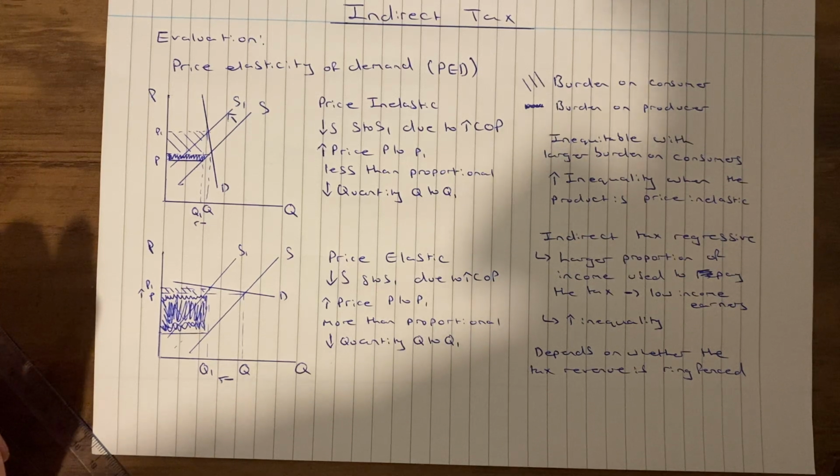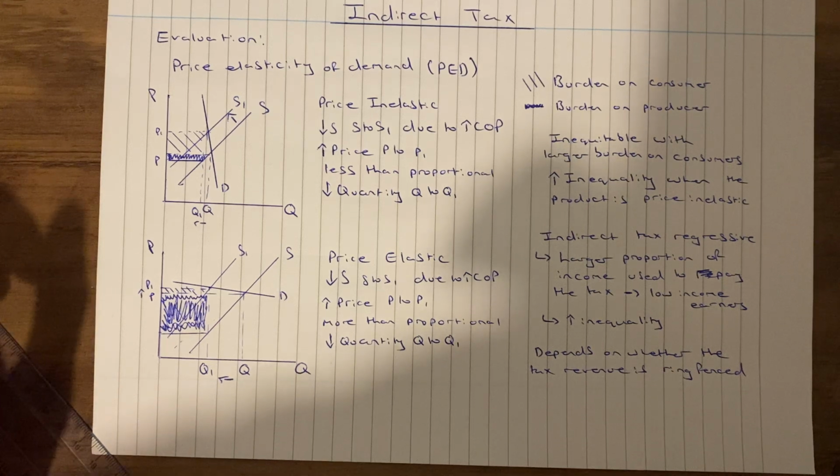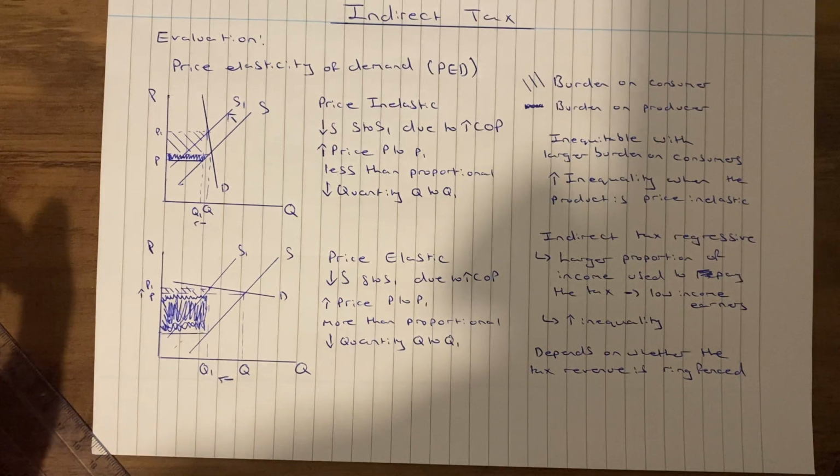So, for example, if we imposed an indirect tax on fast food, one would like to think that if the tax revenue from that was ring-fenced, it could then be used with regard to information provision. So it could be some educational program that is implemented by the government, and that information provision should further contribute to tackling the market failure by reducing the demand for fast food and correcting the market failure.